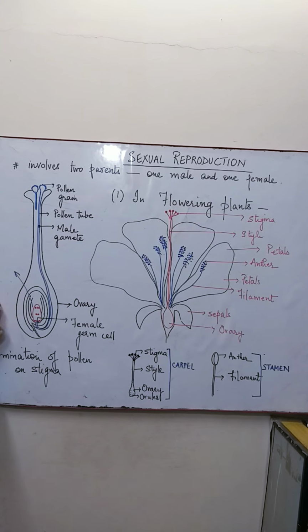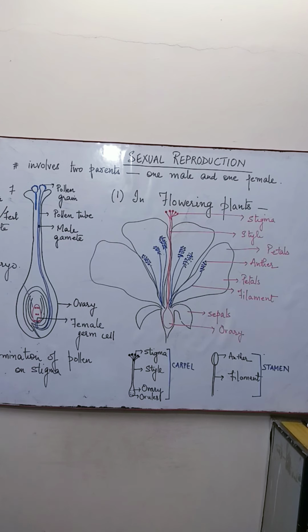So what happens is, this is the male gamete we are talking of, and the female gamete. These two fuse, and due to fertilization, they will form the zygote. This zygote multiplies several times and forms the embryo.